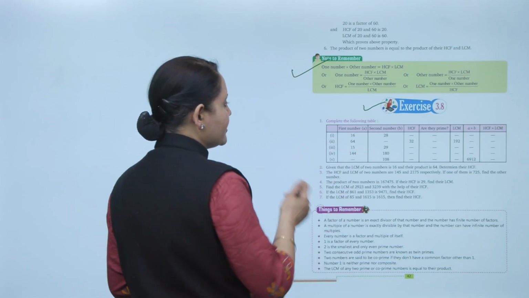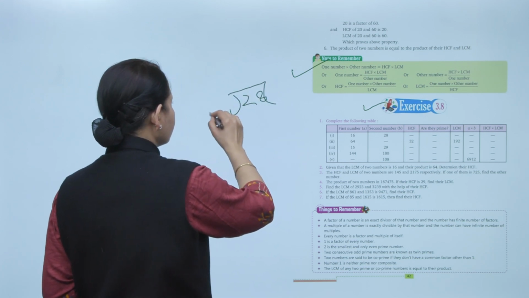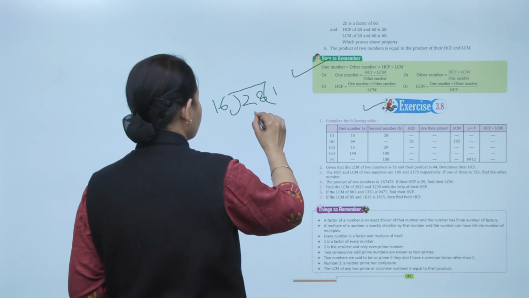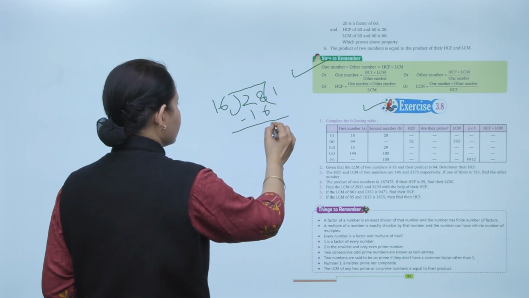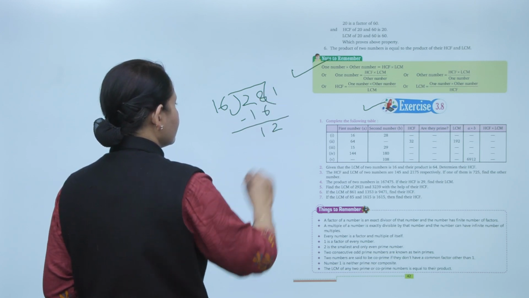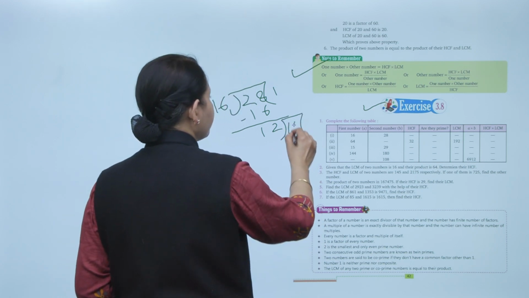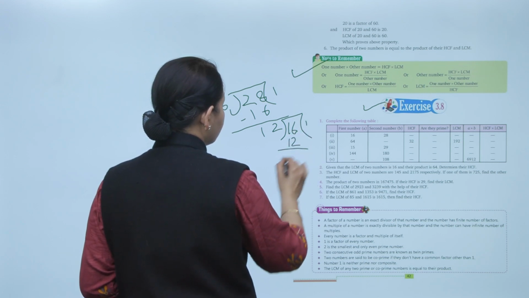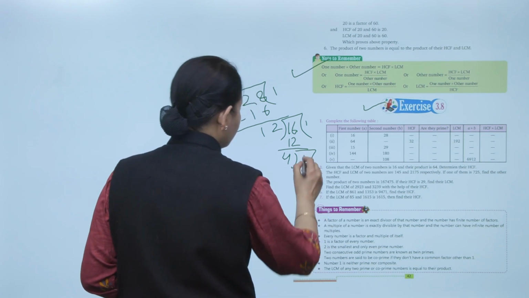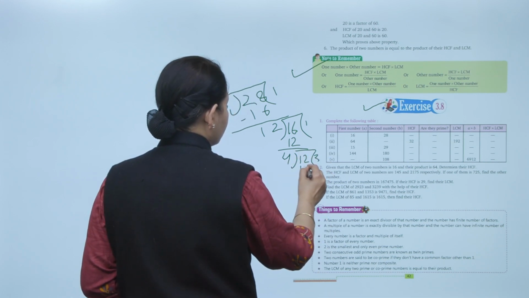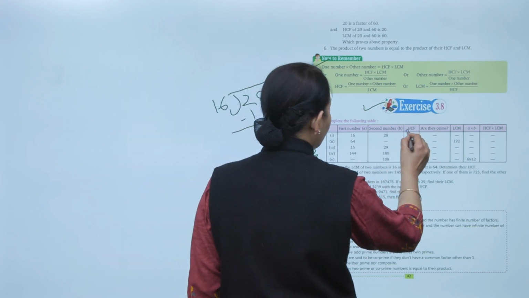So we have to find out HCF. लॉन्ग डिवीजन मेथड का यूज कर रहे हैं. सो HCF हो जाएगा 4.